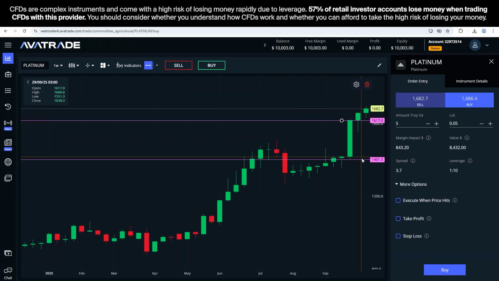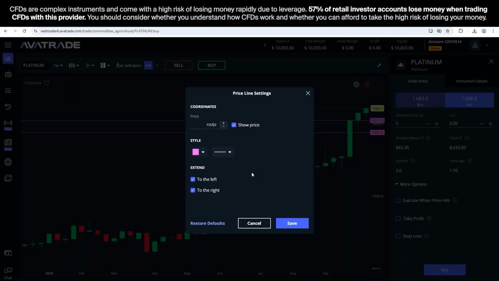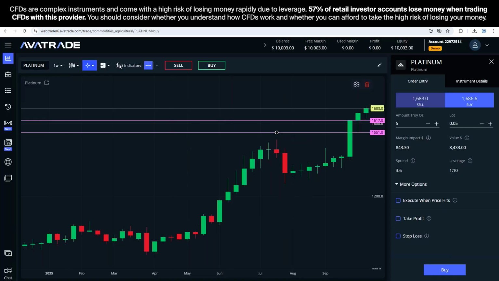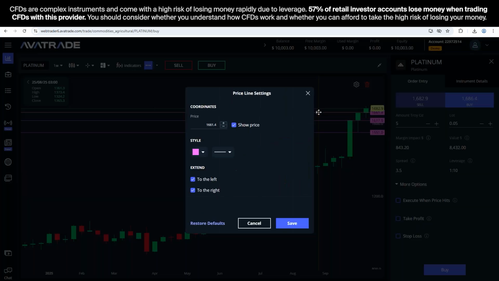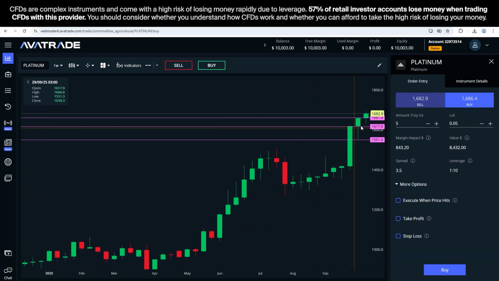Sorry, that's not what we're looking for. We're looking for here. So we've got the low here, which is 1551. Okay, and then we've got the upper, which almost closed on the high, but it didn't. It closed a couple of dollars lower than that, but we get the point. So what happened here is down, up, and then up.